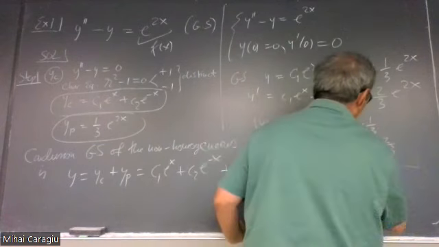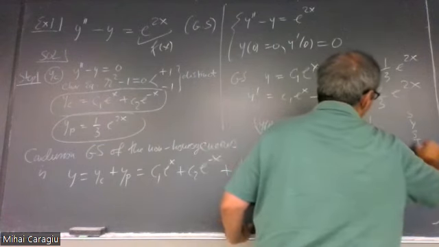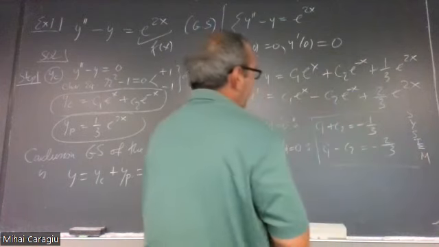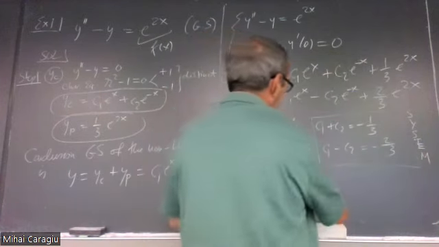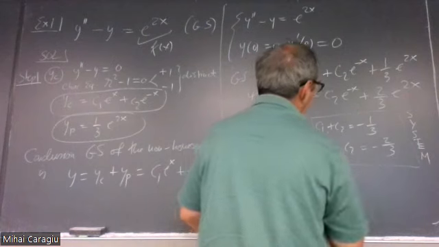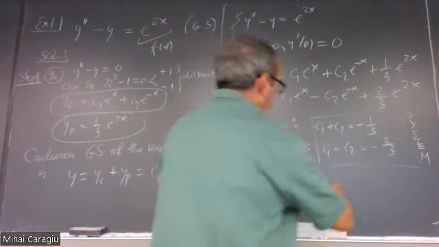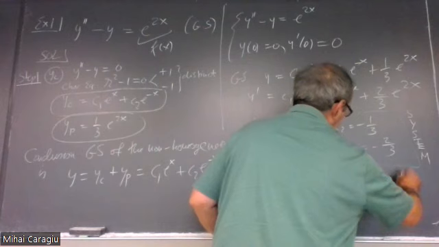Let's solve this system. We add the equations together and get 2c1 equals minus 1/3 minus 2/3, which is minus 1. So c1 equals minus 1/2.